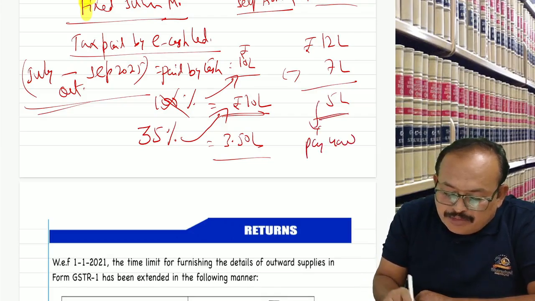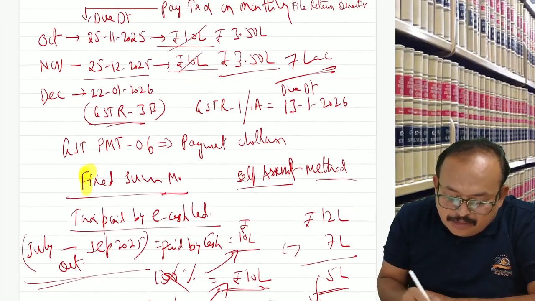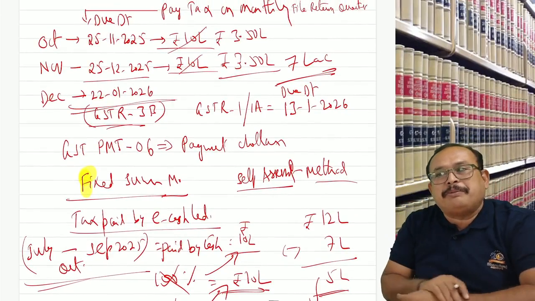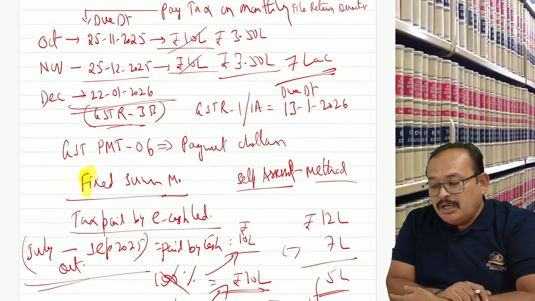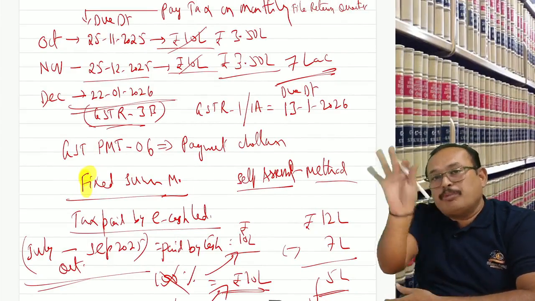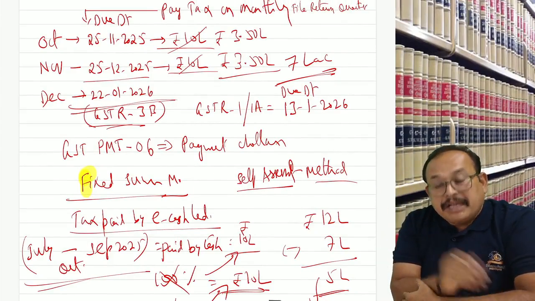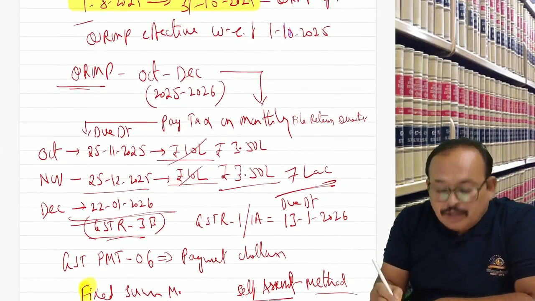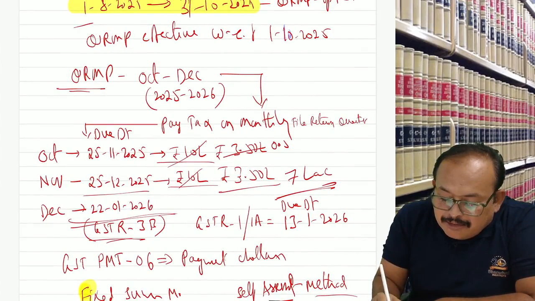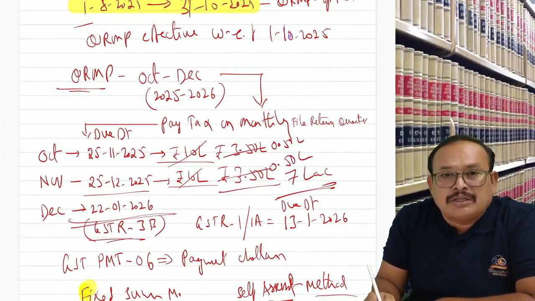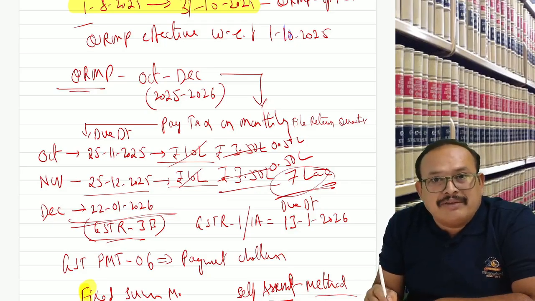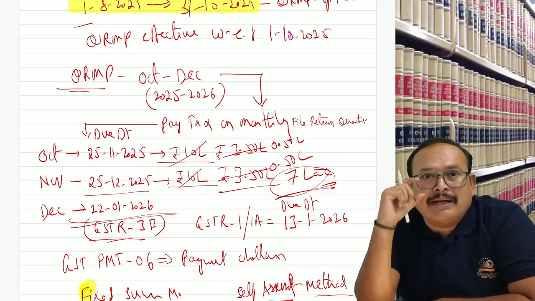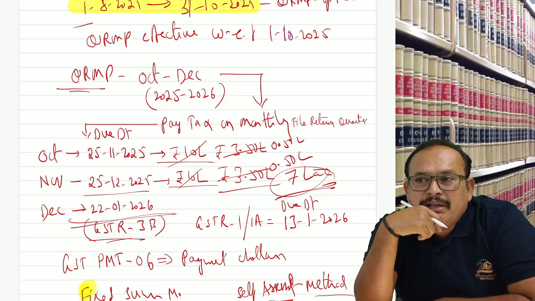Pay now. Now means what? By 22nd of January you pay that much only. If you did so, goodbye. Even though instead of 3.5, you paid only 50,000 and 50,000, liable to pay 7 lakhs but you paid only 1 lakh, how much short paid? 6 lakhs.